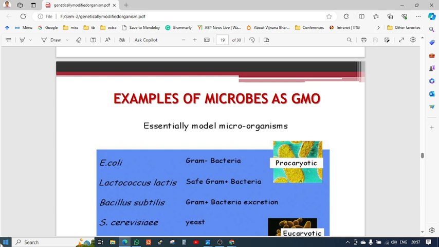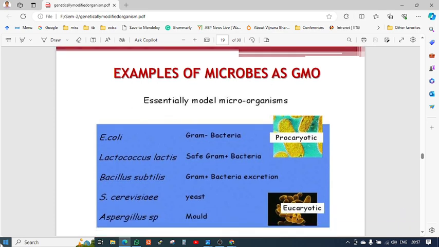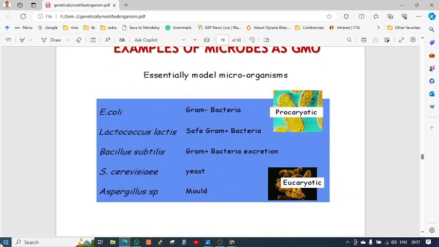Examples of microbes as GMO, that is, essentially model microorganisms, are, for example, E. coli, which is a gram-negative bacterium, and Lactobacillus lactis, which is a safe gram-positive bacterium, Bacillus subtilis, S. cerevisiae, yeast, and Aspergillus species, a mold.